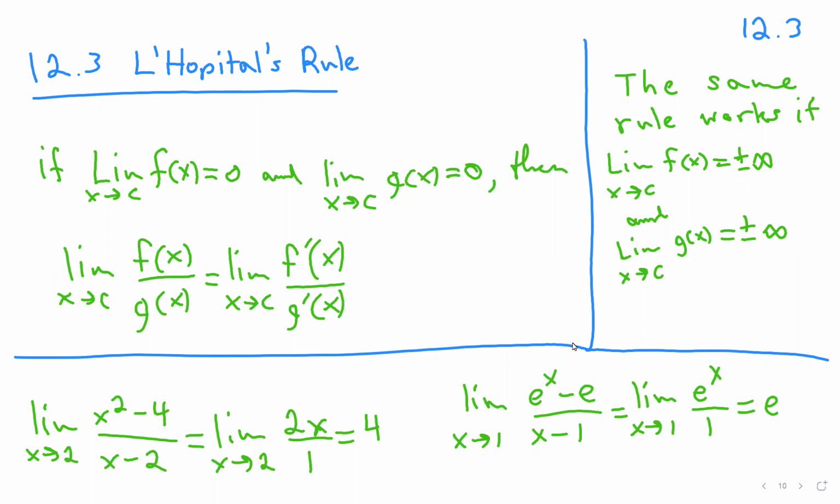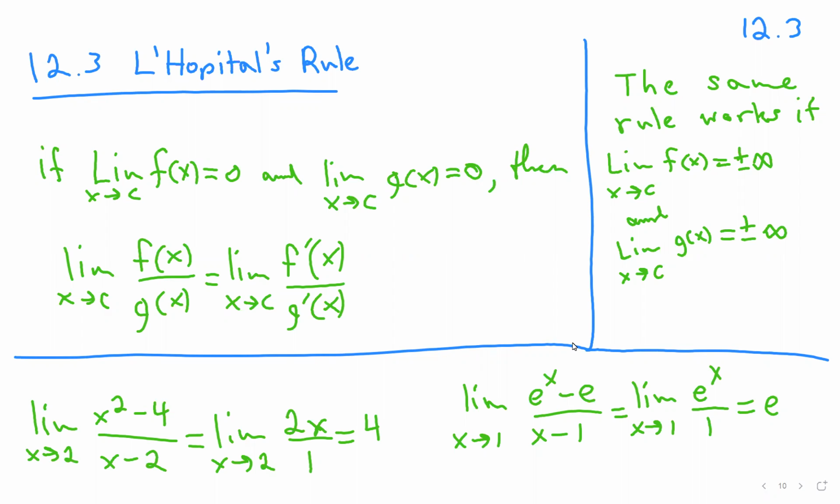This rule, L'Hopital's rule, also works if you're trying to take the limit to other values, such as infinity, or from the left or the right. So in most of these cases, you can use L'Hopital's rule to make things a little bit simpler on yourself.